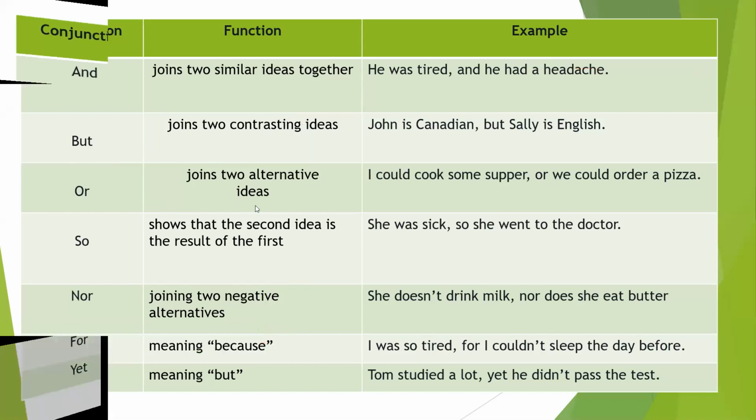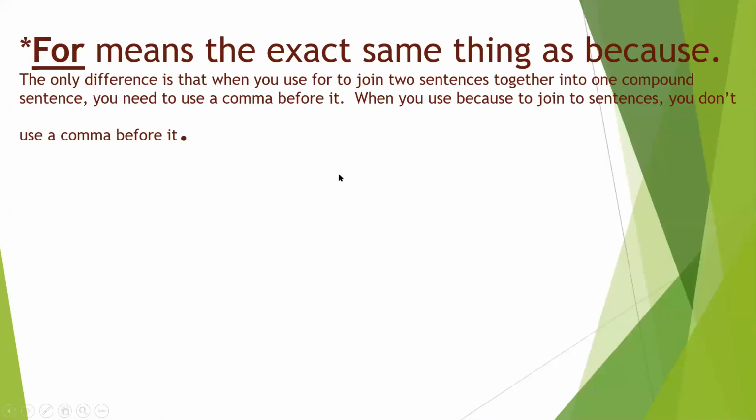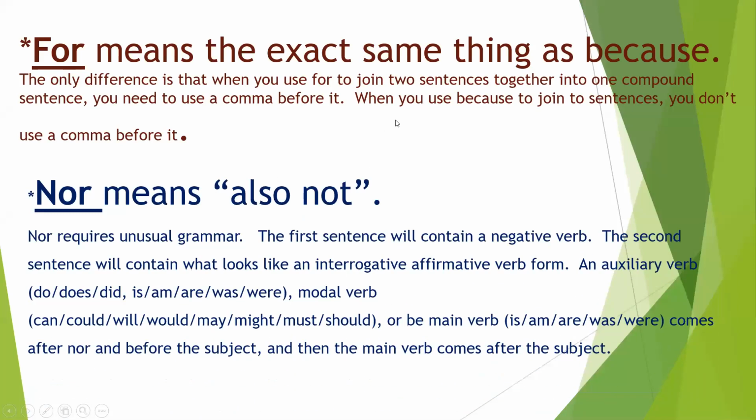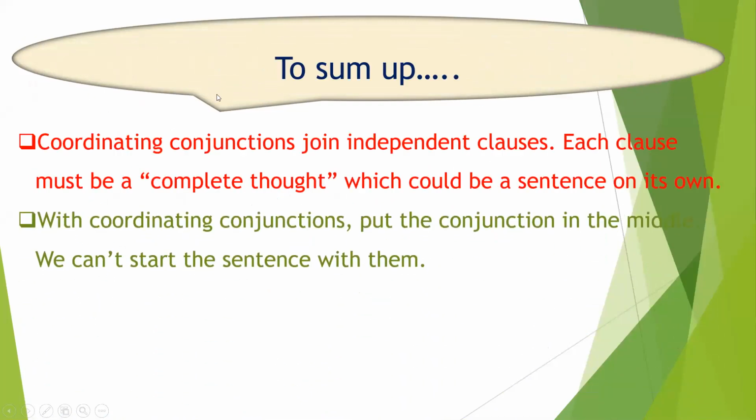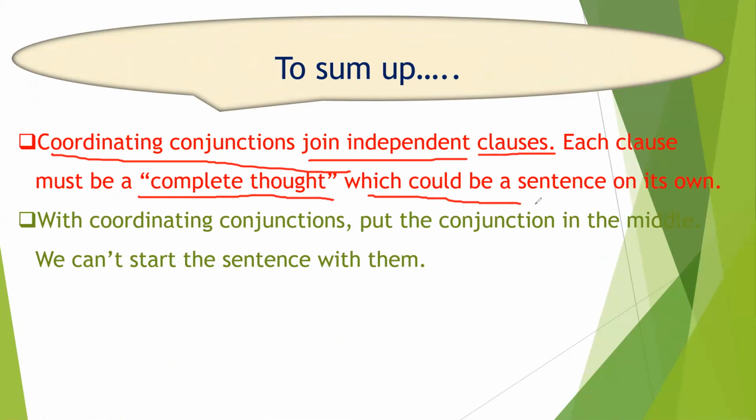We took their functions many times in the classroom. For means it's because, guys, you will have this on LMS. It explains everything. All right, so to sum up, coordinating conjunctions join independent clauses, two independent clauses. Each clause must be a complete thought, which could be a sentence on its own.